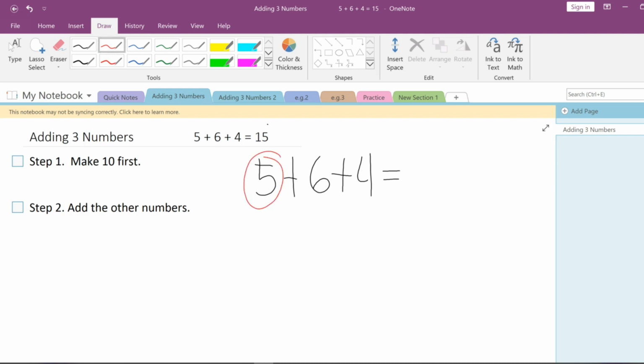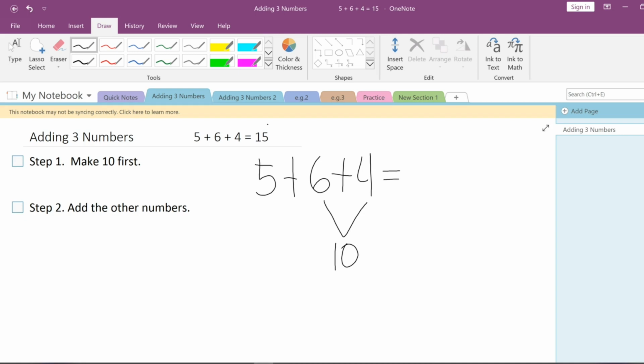Will 5 plus 4 make 10? I don't think so. How about 5 plus 6? Would it make 10? Still no. How about 6 and 4? Would this make 10? Yes. 6 plus 4 is equal to 10. So we can write down 6 plus 4 is equal to 10.